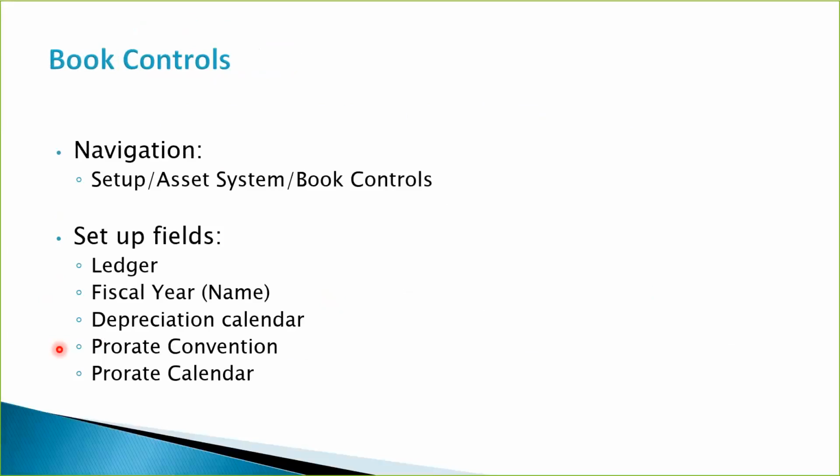So some of the things that we need to set up in the book controls, we have talked about this many times. We have calendars. We also have some accounting rules, and we have some natural accounts. We talked about the calendar, which included some of the fields you're seeing here. We had to enter the prorate.